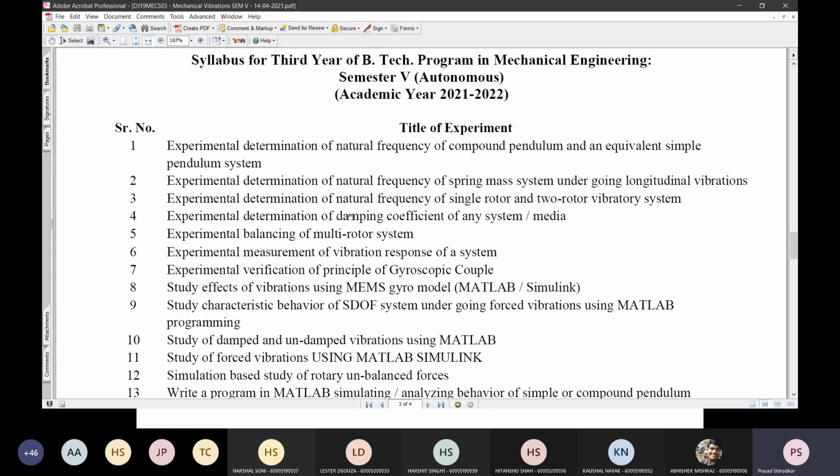There are some virtual labs that have been created by the Ministry of Human Resource Development of India, and these virtual labs have been created by various IITs. They have created a program which runs, and it is very helpful. So that we will be studying.